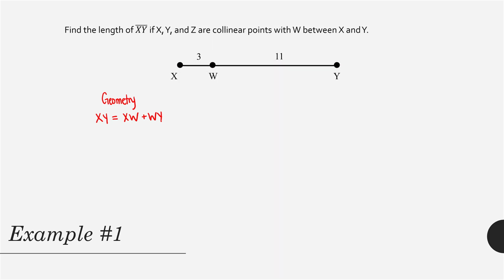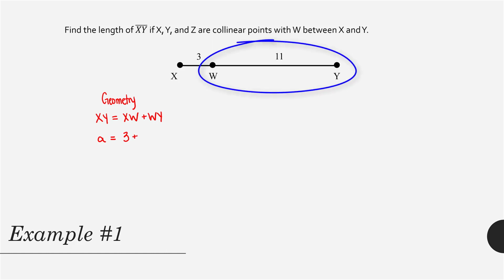So XY, that's what we want to find. That's our unknown, so we give that a variable. In this case, I chose A equals XW. If I go to my XW segment, I can see it has a length of 3, plus WY.